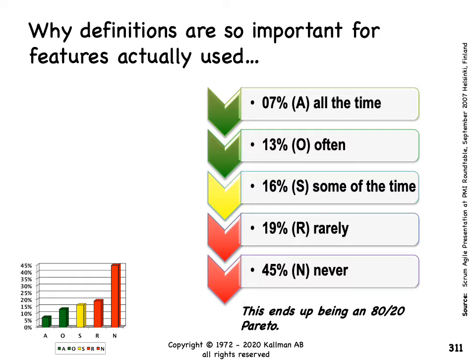But 64%, almost 2/3, were rarely or never used. And if you add in the sometimes, it becomes an 80-20 Pareto, which I find very interesting. Pareto was the Italian economist that came up with the 80-20 usage. And this seems to have held true.